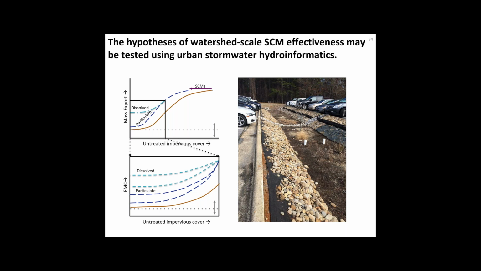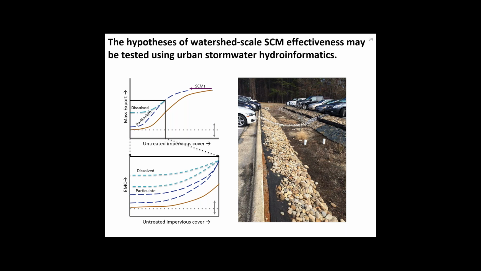Another case where you might be able to look at these patterns is retrofit installations, where you have a pre-development condition before the stormwater control measure went in, and then afterwards, and maybe you had a watershed with a certain type of retrofit in one scenario and a more advanced type of retrofit in another scenario.